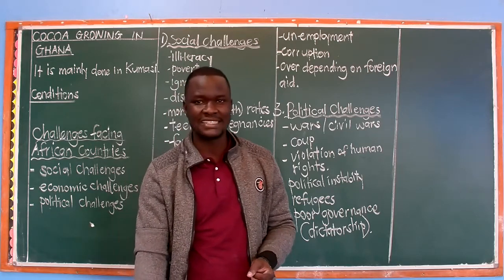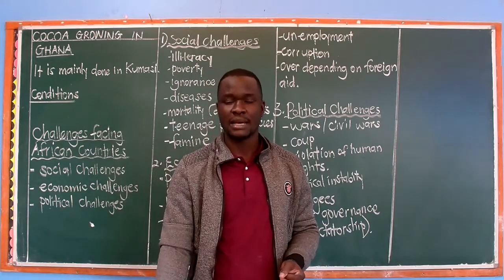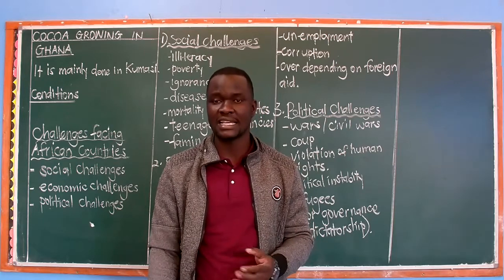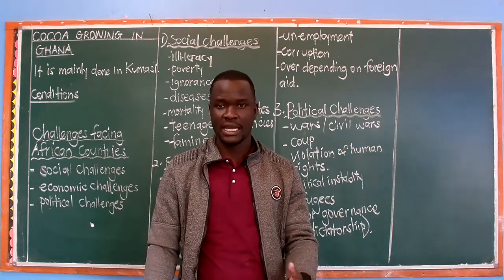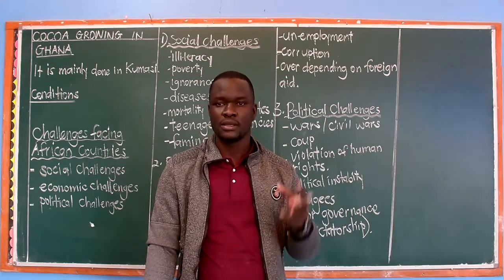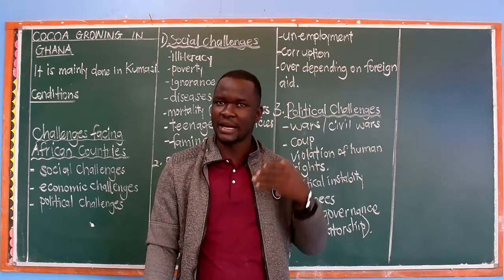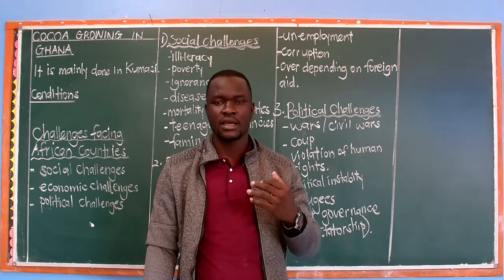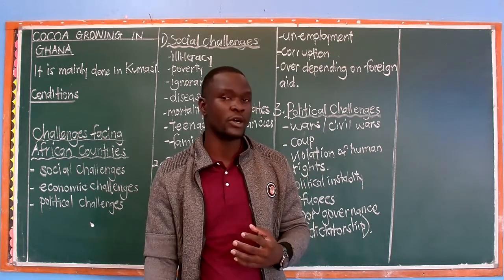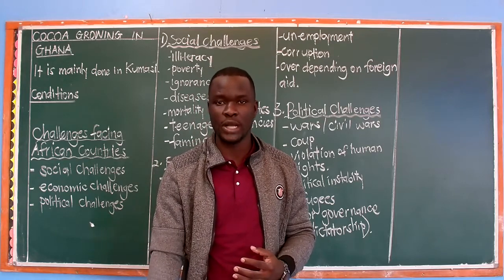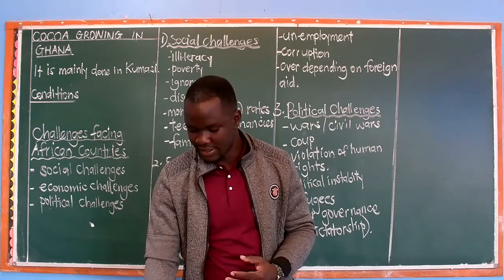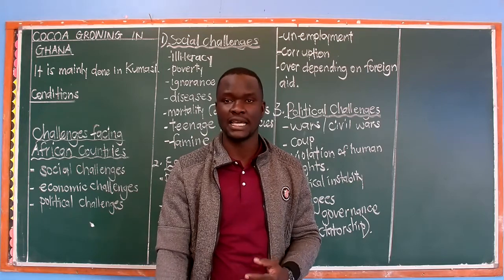Social injustice in some families, you find some children are favored, others are left. Mostly you'll find in the African setup, in that African mind, they always educate only the boys mainly. But now there is what we call gender equality. You will find there is need to educate a girl child.